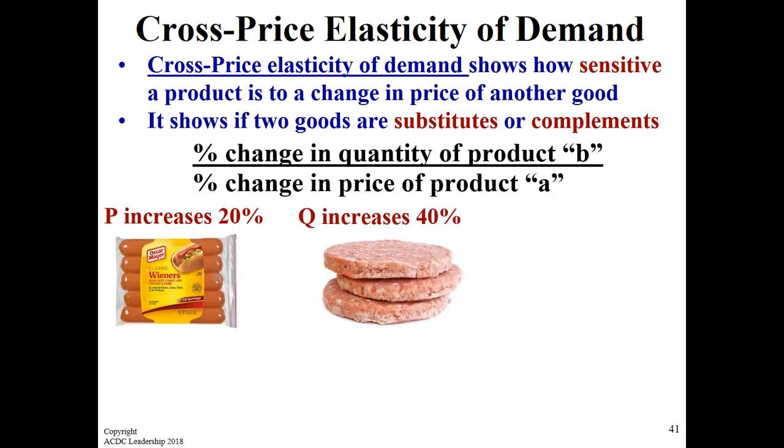Are these going to be substitutes or complements? Substitutes, right? Because if the price of hot dogs increases, we're buying fewer hot dogs, therefore we're buying more hamburgers. So a positive number is going to be a substitute.